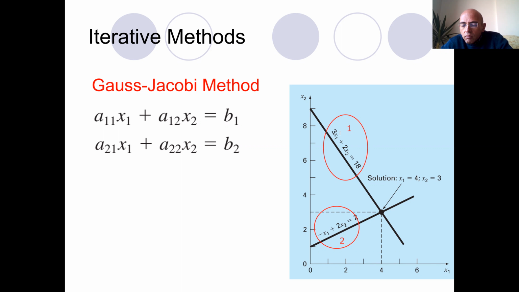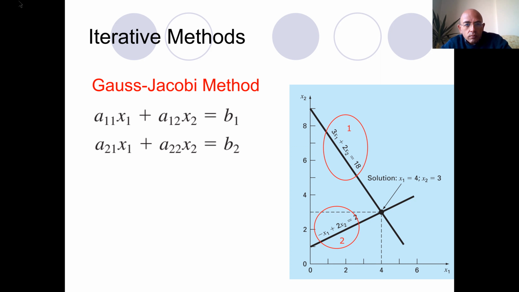So you give a number to each equation, and then you calculate the corresponding unknown from that equation, and you substitute for the next step. You use new approximations, because you have now new approximations from these equations. You substitute these new values in the second step, and it goes like this.